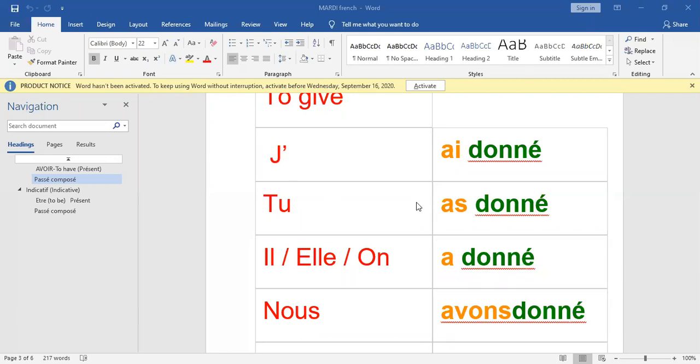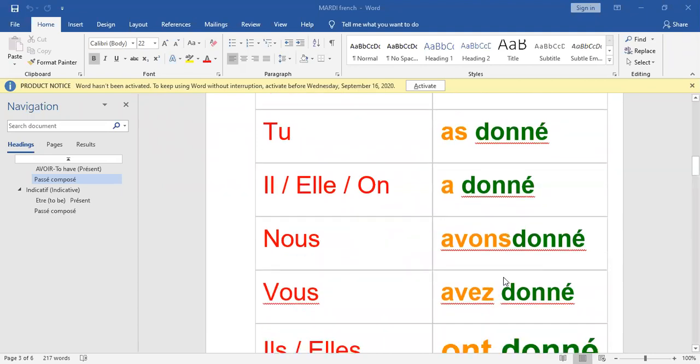Tu as donné, you gave. Il, elle, on a donné. Nous avons donné. Vous avez donné.